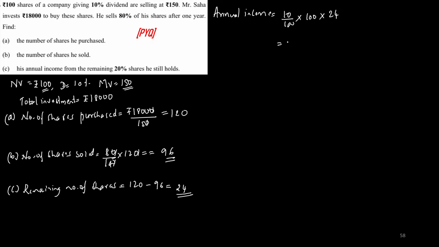So that is equal to rupees 240, because 100 will get cancelled. Rupees 240 is nothing but the annual income from the remaining 20% of the shares what he has.